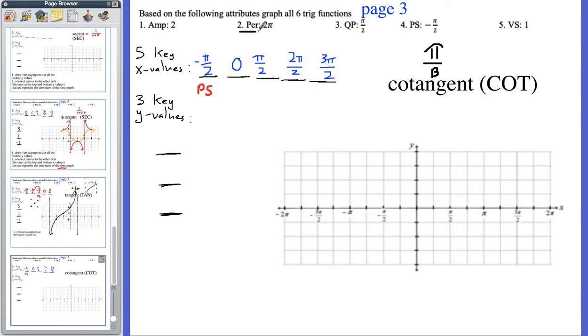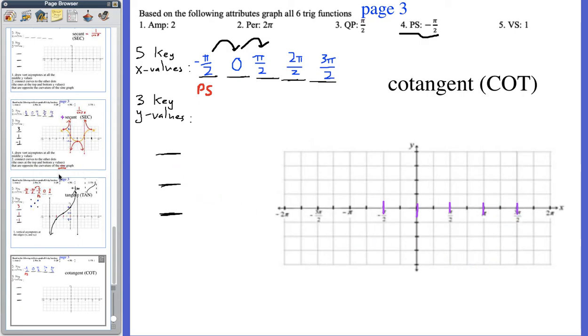But because the period was given to us, that difference did not manifest itself. So all of our x values are the same as they were before, starting at our phase shift and adding quarter periods all the way through. They're these purple ones, starting at negative pi over 2, 0, pi over 2, pi, and 3 pi over 2.